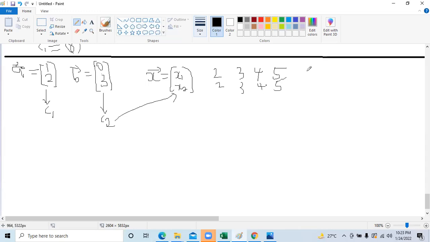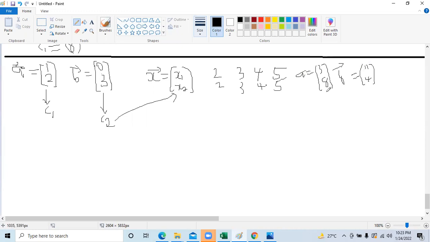Another example, if we have vector A equals 3, 8, just any vector, and vector B equals 11, 4.